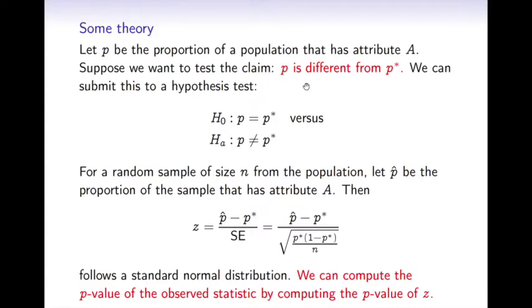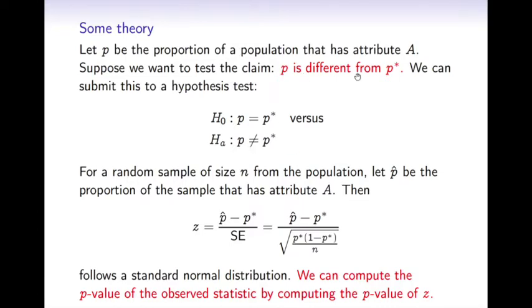So suppose we want to test the claim that p is different from 0.5. We can submit this to a hypothesis test. So our null hypothesis will be p is equal to p star, or in this specific case, p equals 0.5, versus the alternative hypothesis, p is not equal to 0.5, or whatever the value of p star is.